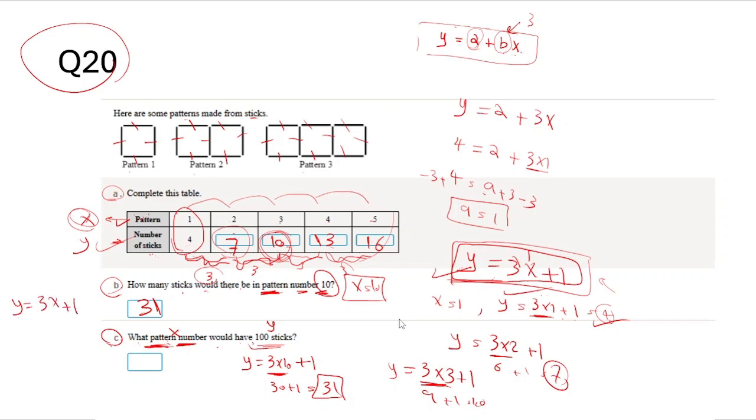So now y is 100, equal to 3x plus 1. To get rid of this 1, I subtract 1 here and subtract 1 from 100 here. So 99 will be equal to 3x, because this 1 will go with this 1. So divide by 3, divide by 3, so x will be equal to 33. So the answer is 33.